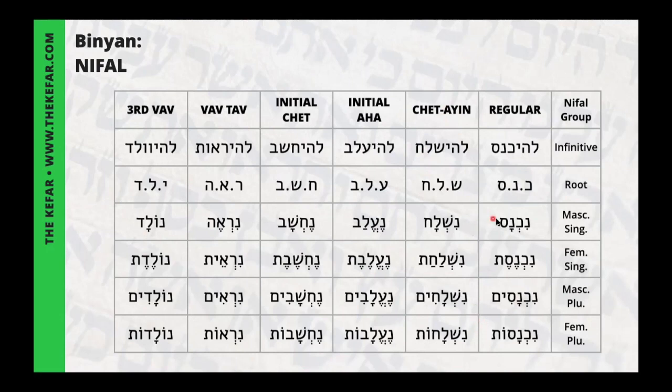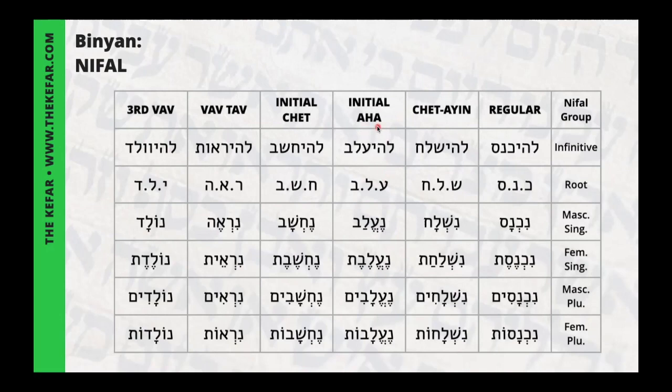Notice that it's exactly the same as the regular for the masculine singular and for our plurals. Where it differs is with the feminine singular, instead of I, e, et, we have I, a, at as the sound pattern.